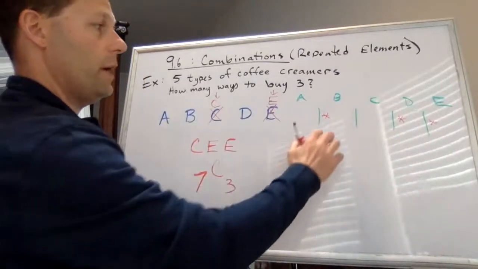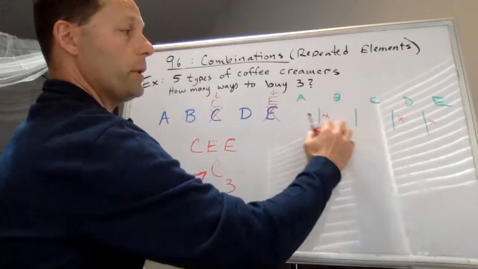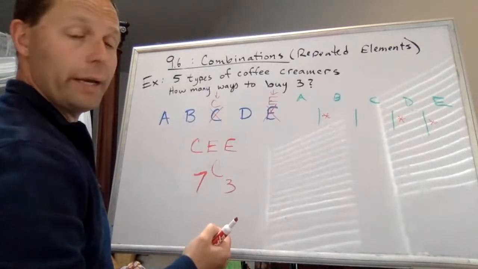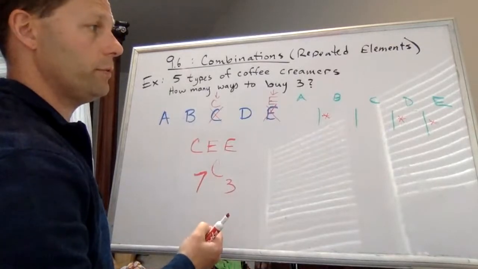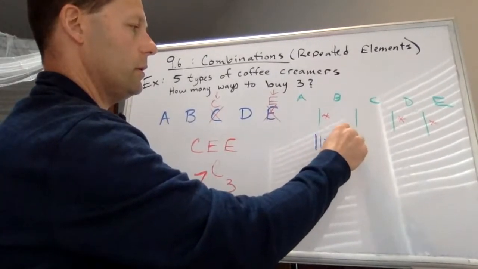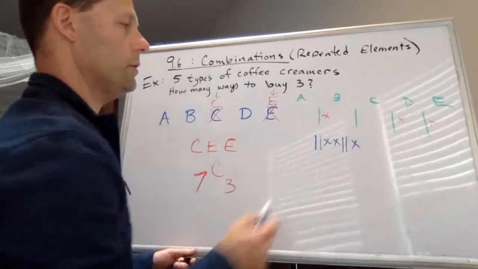And in fact, every way that I rearrange a list of these characters, 4 bars and 3 stars, would be a unique way of buying 3 coffee creamers with 5 to choose from. So for example, star, star, bar, bar, star.